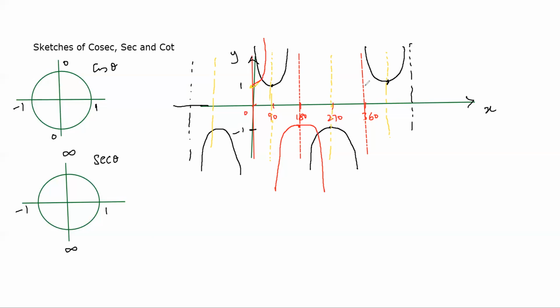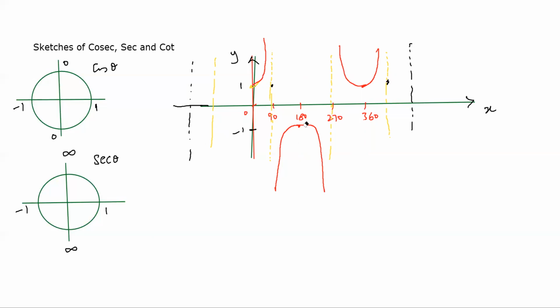If I erase the cosecant, this will be clear to you. So let me draw this part again. So this is the graph for the cosecant.